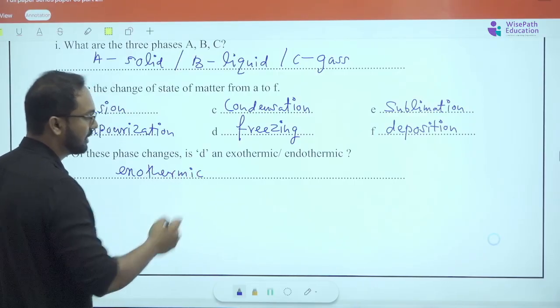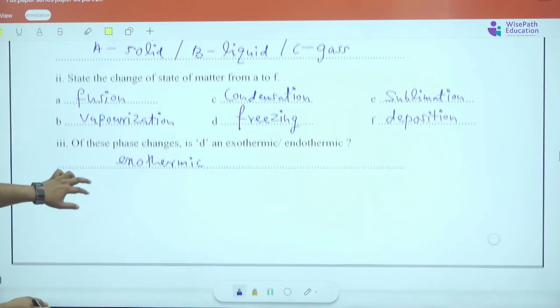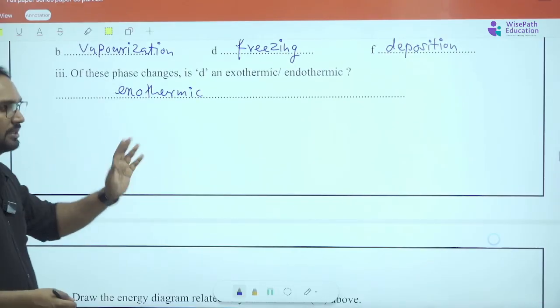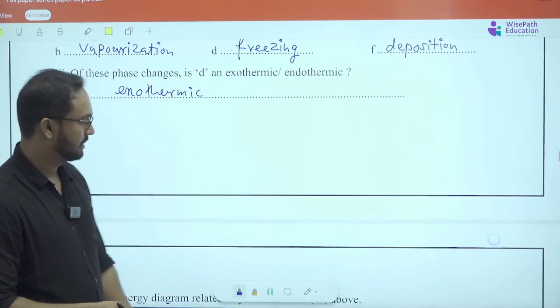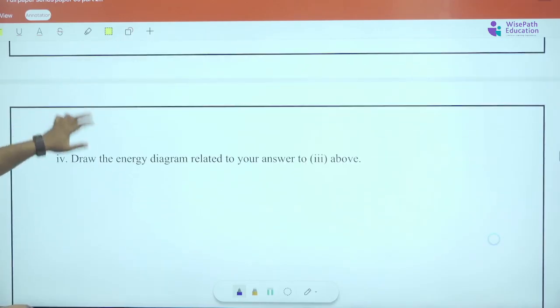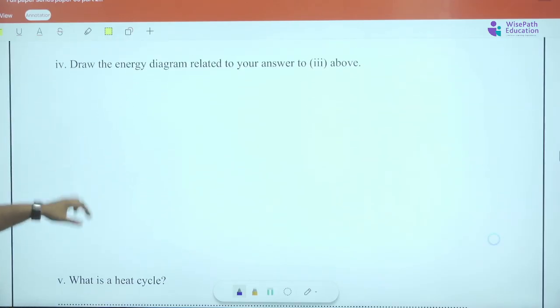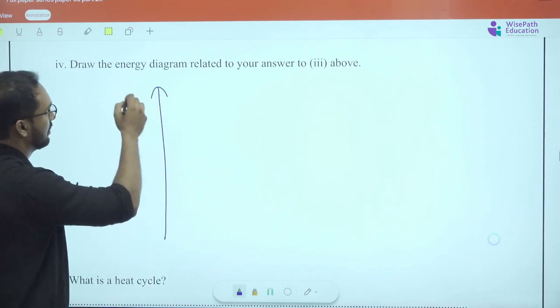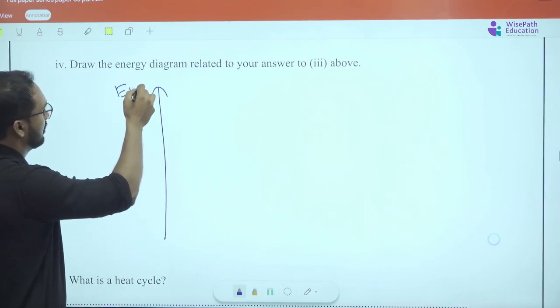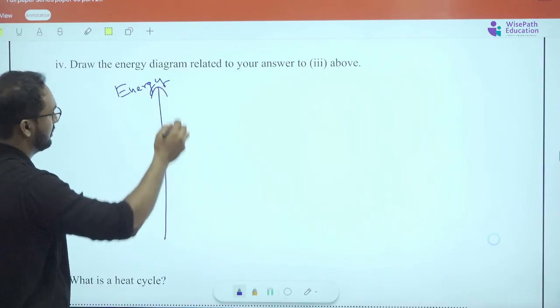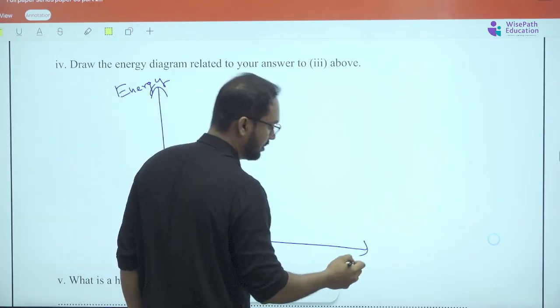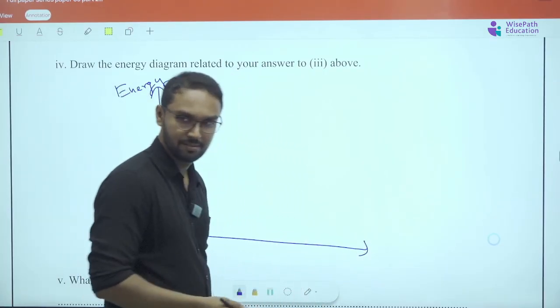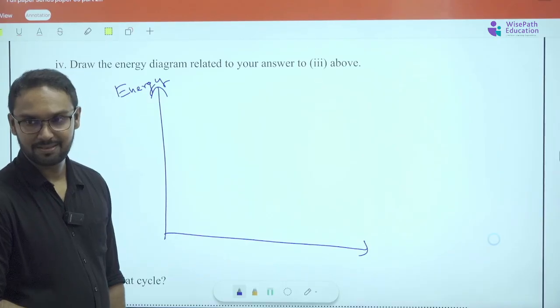Find it using the kinetic energy: if the reactant has more kinetic energy and the product has less, it's exothermic. Next, draw the energy diagram related to the answer. How do you label the x and y axes? Energy.